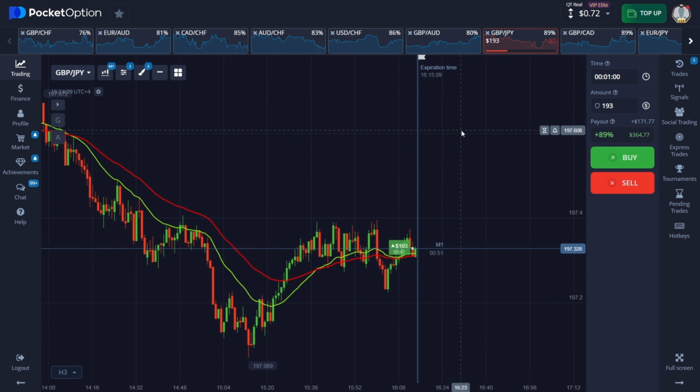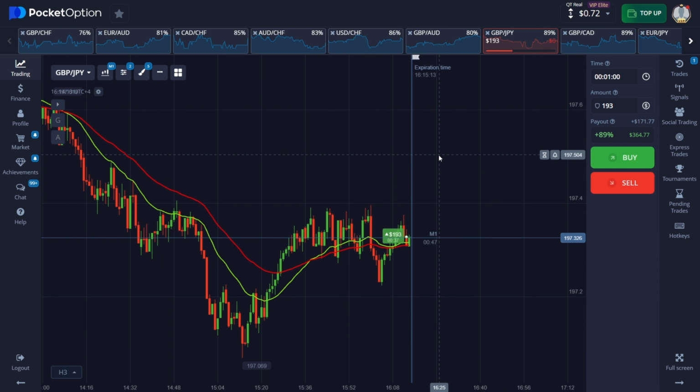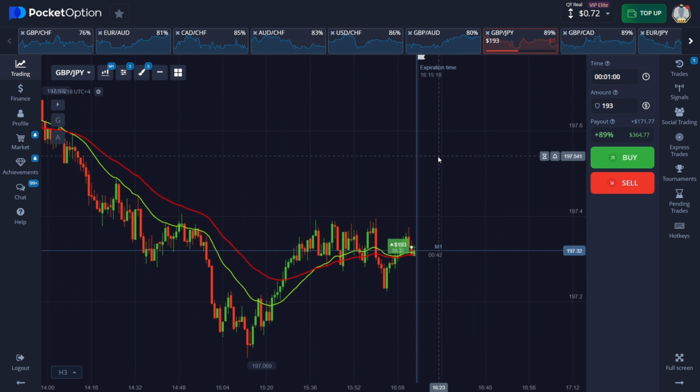The trade is not going in our favor right now, but we still have 40 seconds left, and the red candle closed near the 50 EMA level. There's also an uptrend, which is why I took this trade for the upside move.